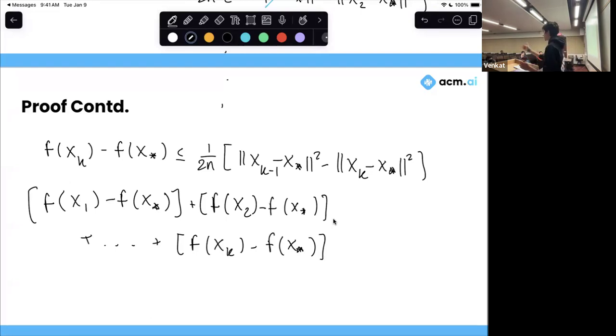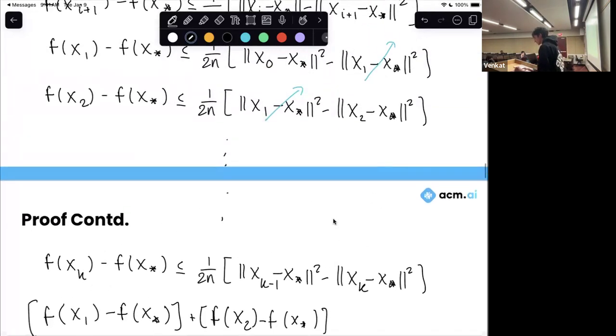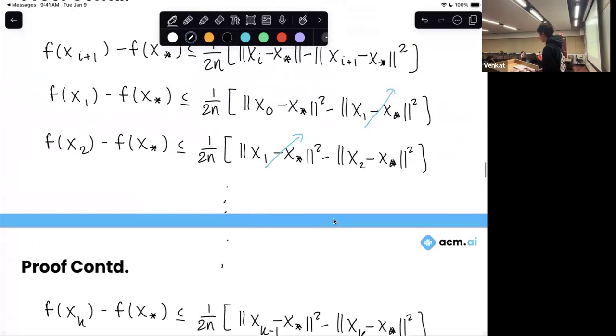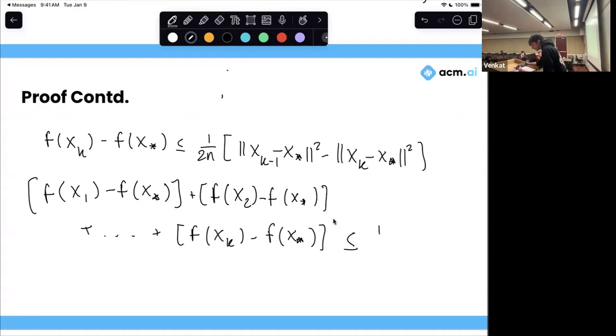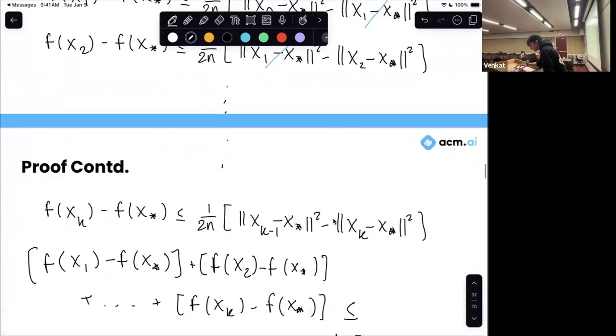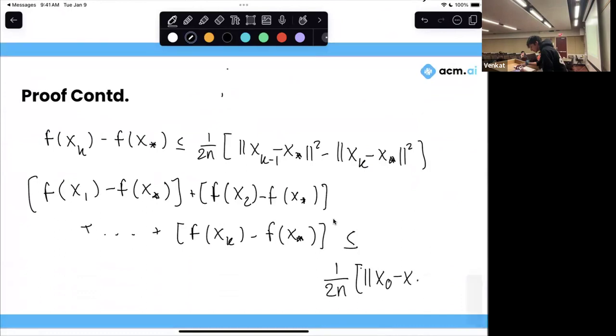Now, on the right-hand side, as you pointed out, everything's going to cancel except our first term and our last term. So this is going to be less than or equal to 1 over 2n times x0 minus x star.